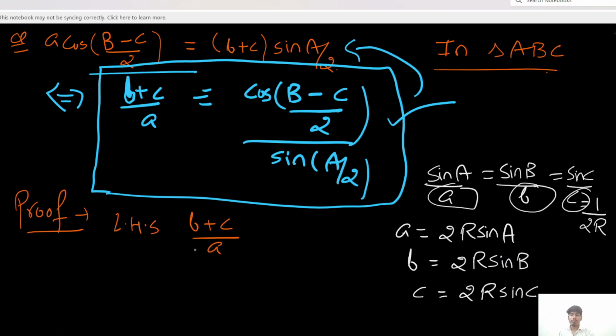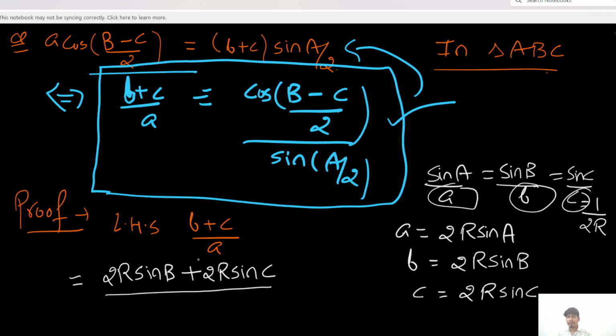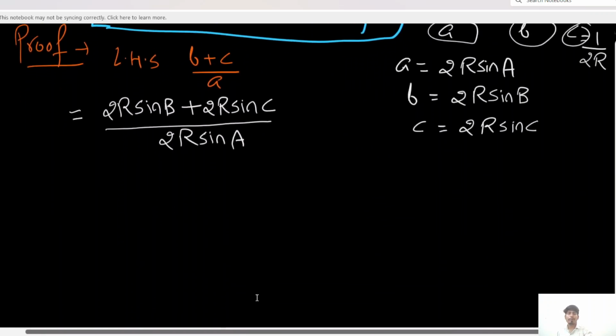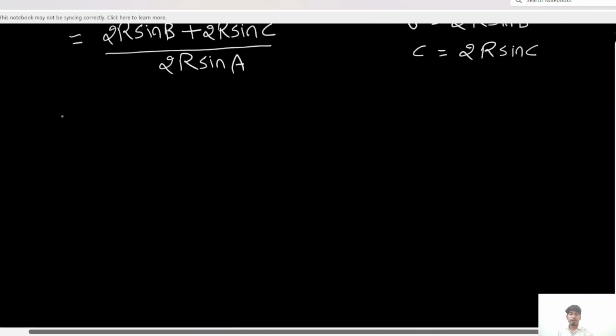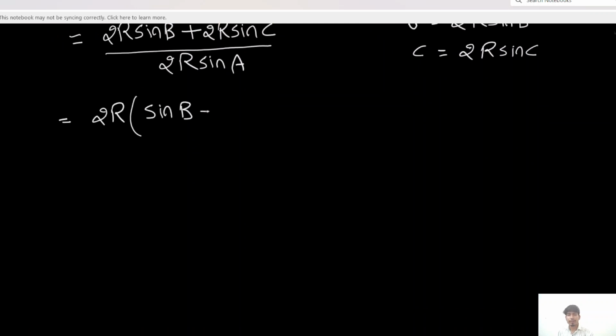Students, put these values here. What we get? b is 2r sine B plus c is 2r sine C, and in the denominator a is 2r sine A. If we take 2r common from numerator, this becomes sine B plus sine C, divided by 2r sine A. Then cancel 2r by 2r.